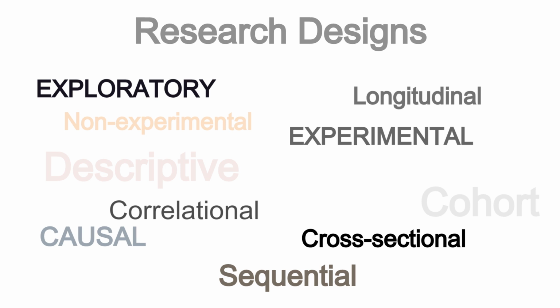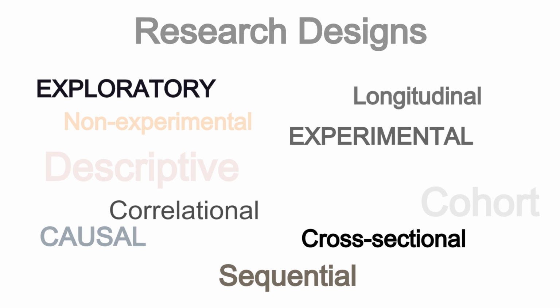Descriptive research aims to describe characteristics or behaviors, for example, students' learning styles or teachers' beliefs. Correlational research looks for relationships between variables, such as the link between motivation and test performance. Causal or experimental research tests cause and effect relationships by manipulating one variable and observing the outcome.